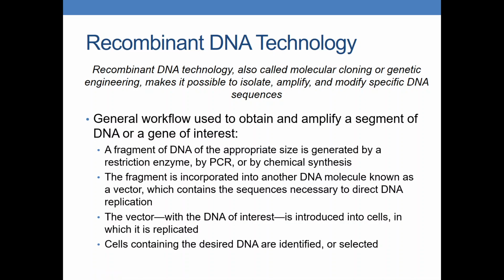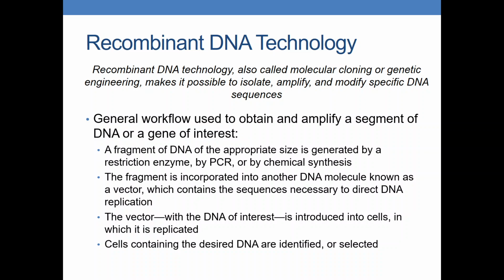And you'll see that we're going to walk through this overall workflow. But generally speaking, you would first start by obtaining a fragment of DNA of the appropriate size. So this would be a fragment of DNA that has been, say, cut out of the genome using restriction enzymes.